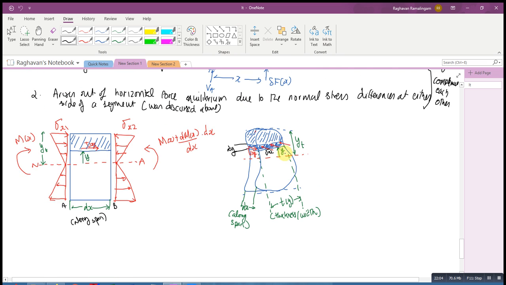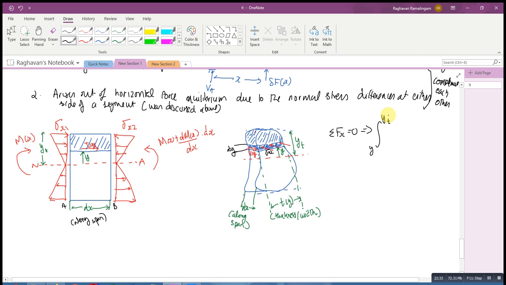So sigma Fx equal to 0 implies, so I take an element of thickness dy. It's located over here at a distance y from the neutral axis.